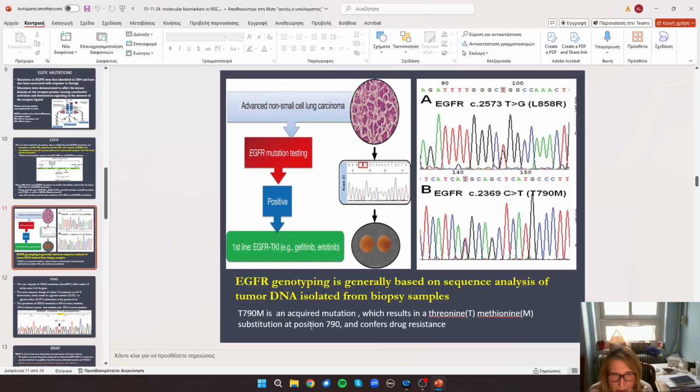And this change at the base, at the nucleic acid level, leads to a threonine (T) to methionine substitution at the protein level. This specific mutation has been correlated to drug resistance with first generation inhibitors of EGFR. So second and third generation inhibitors have been developed.